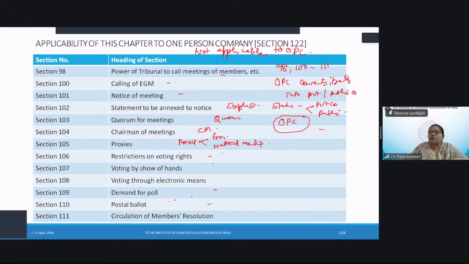Then automatically the normal provisions will start to apply to them, depending on whether it is a private company or a public limited company. So this non-applicability of provisions will no more be there for an OPC, because it loses its status the moment it converts itself to a private company.